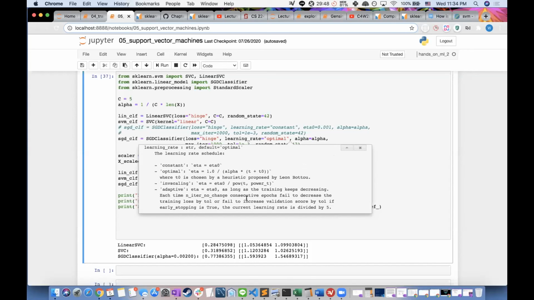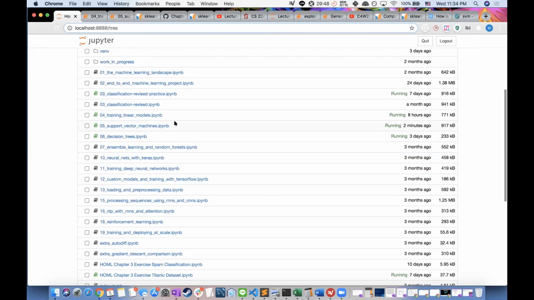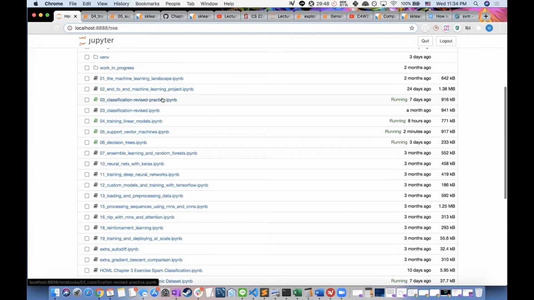You can search a bunch of gamma, C, and learning rates with grid search CV. It is not restricted to searching only numeric values like integers or floats. You can search for other parameters like learning rate as well, like constant and optimal. You can search those as well, right?